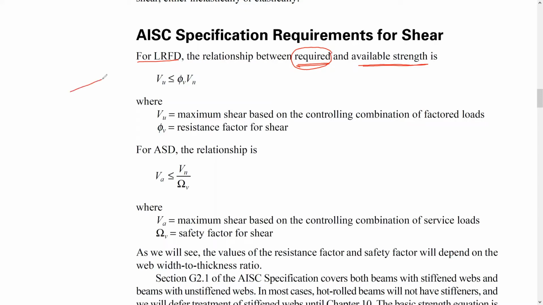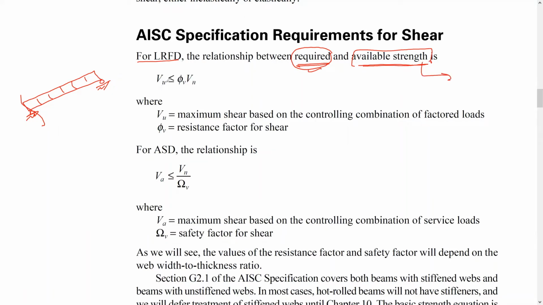So if we have a simply supported beam here, loaded, let's say, with a distributed load, what is the maximum shear, and where we will use it in comparison with the available strength, meaning how much the cross section will carry. This is the capacity, how much the cross section can carry, and this is what is required from us.